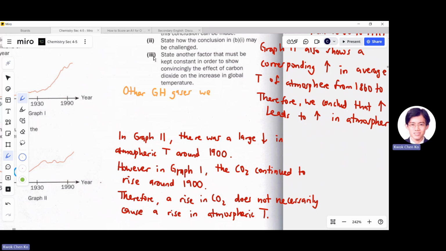They were not recorded, even though they could have affected the atmospheric temperature.